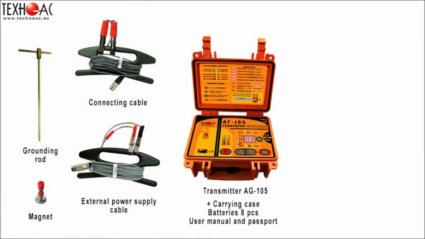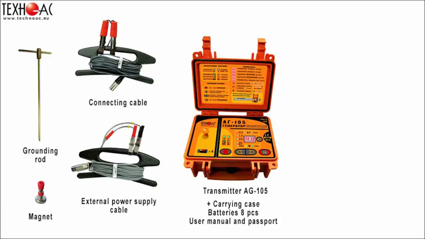The basic set of the AG105 transmitter includes the transmitter itself; a connecting cable for connection to the grounding on one side and to the utility on the other; an external power supply cable used for connecting to an external power source, for example a vehicle accumulator.